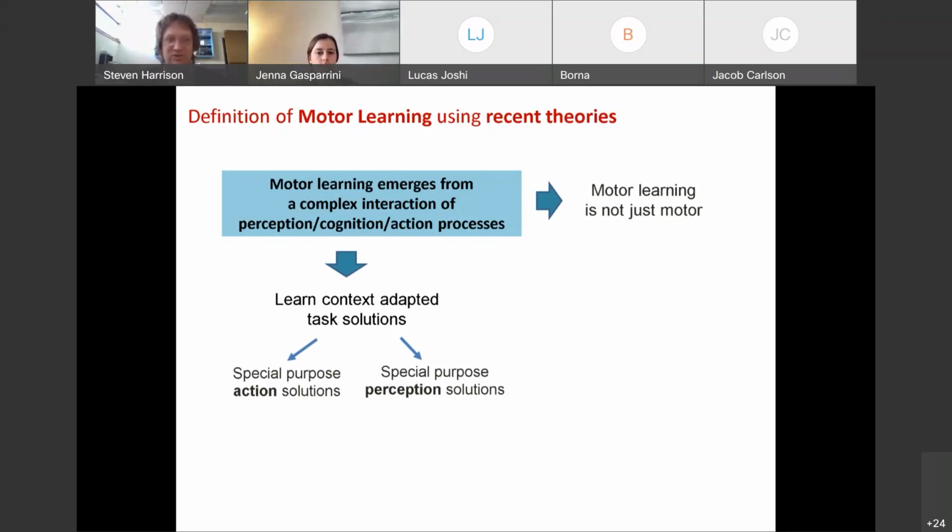And you can understand why this is the case, because the physical support for performing an action in one context and another context might differ. So when you're learning to organize your synergies to take advantage of the relevant physics in that situation, it can differ across situations, and therefore you can learn different things. And the same thing with the perceptual solutions.